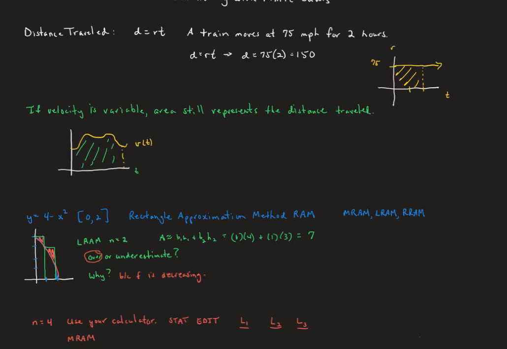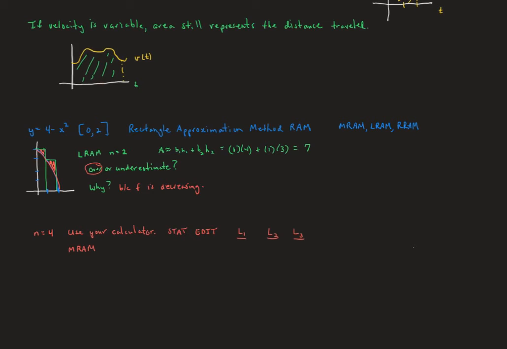I'm going to slide the screen up a little bit. Now we also want to be able to use our calculator to estimate these areas under curves when they ask for too many rectangles to do with pencil and paper. So we're going to do a midpoint Riemann sum, and I'm going to walk you through this so you can remember how to use your calculator effectively.